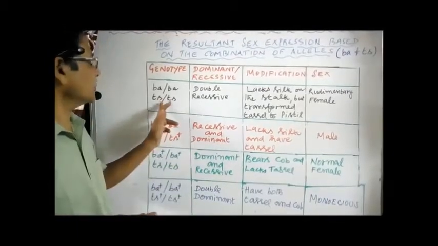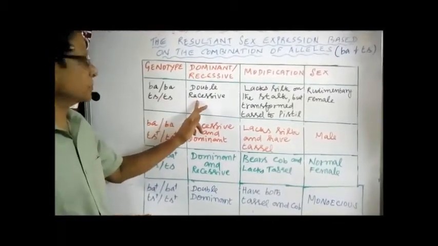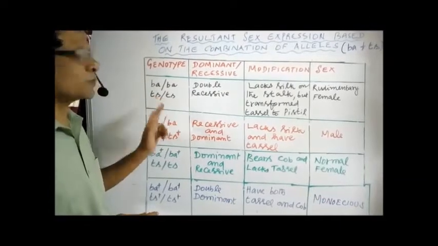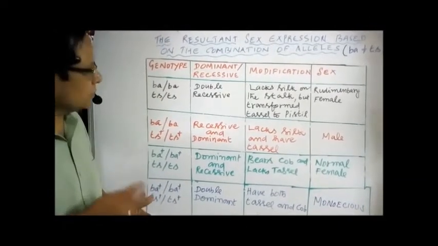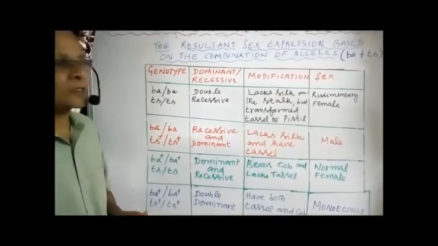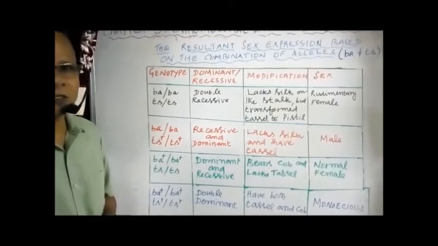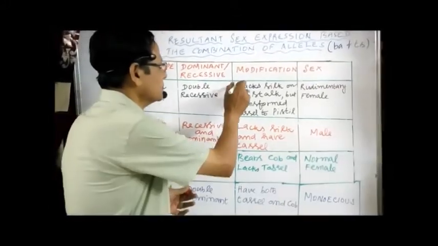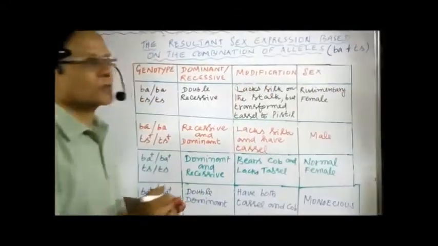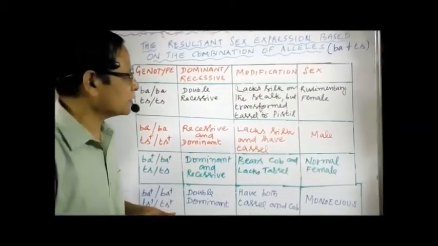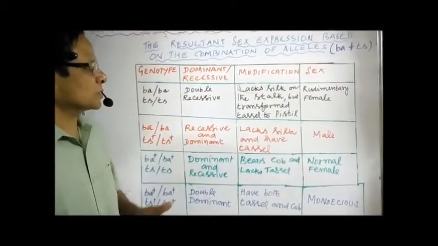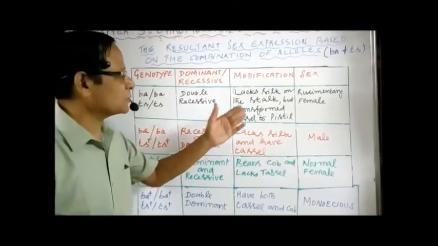Now take the first one. We have double recessive: both BA and TS are in recessive form. Here the expression lacks silk. There is no style present, so it lacks silk on the stalk, but the tassel is transformed into pistil.